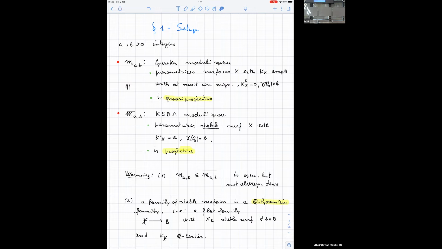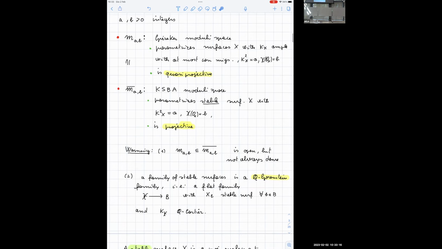That's what the exploring in the title referred to. The aim of this work was to try to understand in some concrete examples what the surfaces actually occurring at the boundary of this moduli space look like.